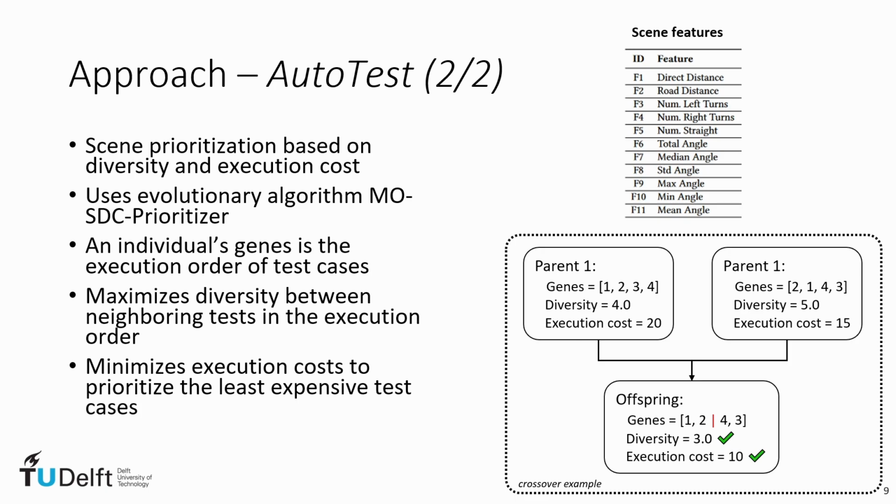So scene prioritization is something that's quite useful for reducing the amount of test cases that you want to run in a certain test suite. And in my case, I've introduced scene prioritization based on diversity and execution cost. So diversity is given by a combined metric where for each scene I have extracted some important features, like the distance, the direct distance between start and end of the self-driving vehicle in the recorded data.